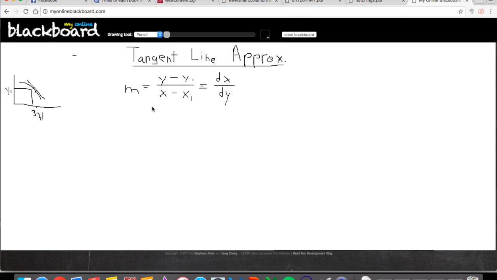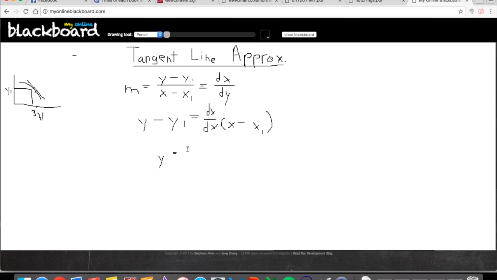So let's rewrite this. We have y minus y1. We're going to ignore the slope part now because we have the actual slope being the derivative, dy over dx, multiplied by x minus x1. And the last thing to remember is bringing the y1 over to the other side.